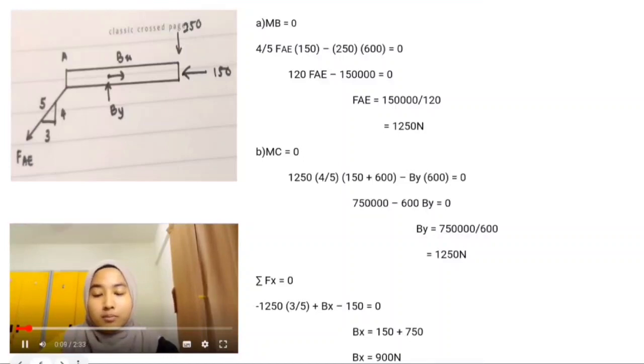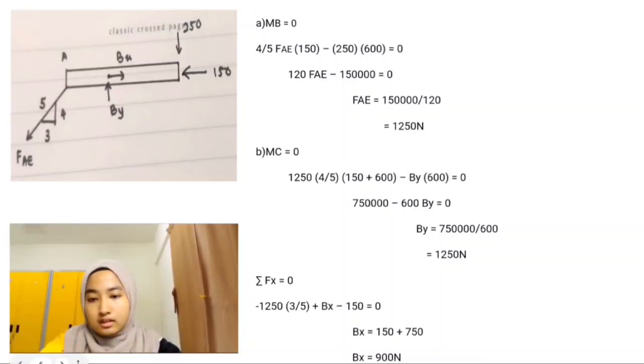For A, we want to calculate the force exerted by each cylinder. So we use moment B equals to 0. We use trigonometry at force AE. 4 over 5 FAE multiplied with 150 minus 250 multiplied with 600 equals to 0.